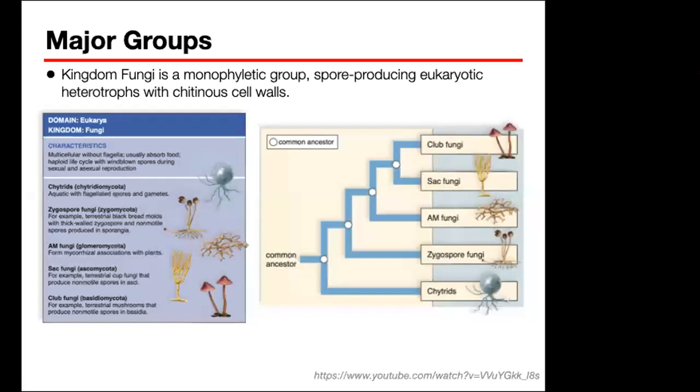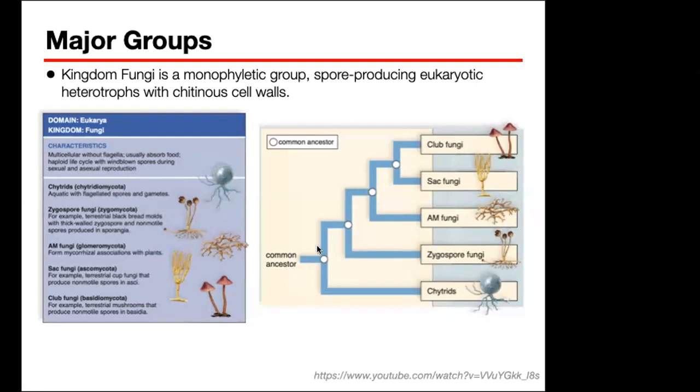So about the major groups. We said that these organisms are chiefly heterotrophic. Some can be unicellular, as in the case of yeast, and multicellular as in the case of molds. And kingdom fungi is actually a monophyletic group.